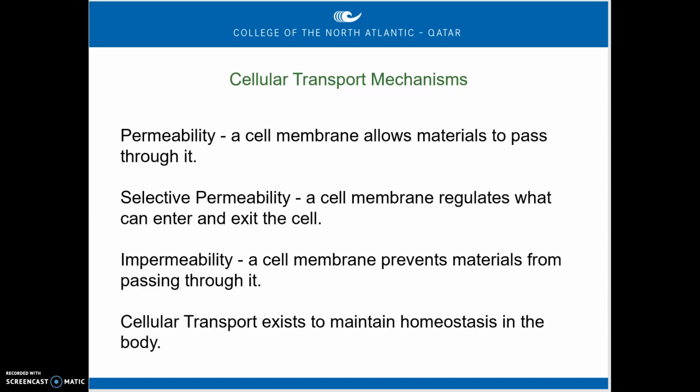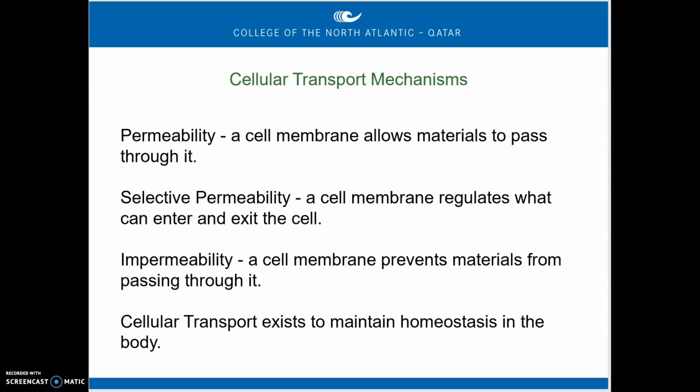And then in most cases, our lipid membranes, since they're fluid, since they're made up of these protein channels and these interlocking lipids, they tend to be selectively permeable. What that means is it can regulate what gets in and what gets out. So depending on what the cell needs, it can find a way to get things in, and it also finds a way to get things out.